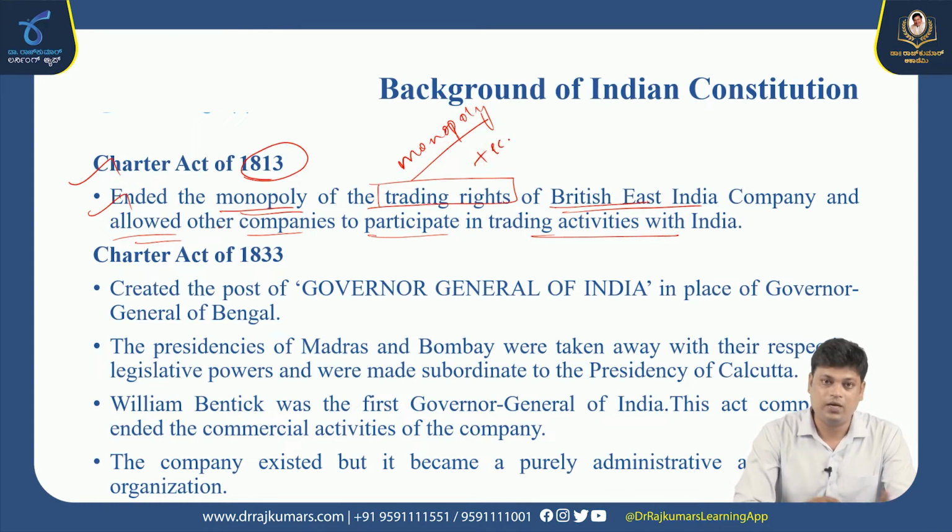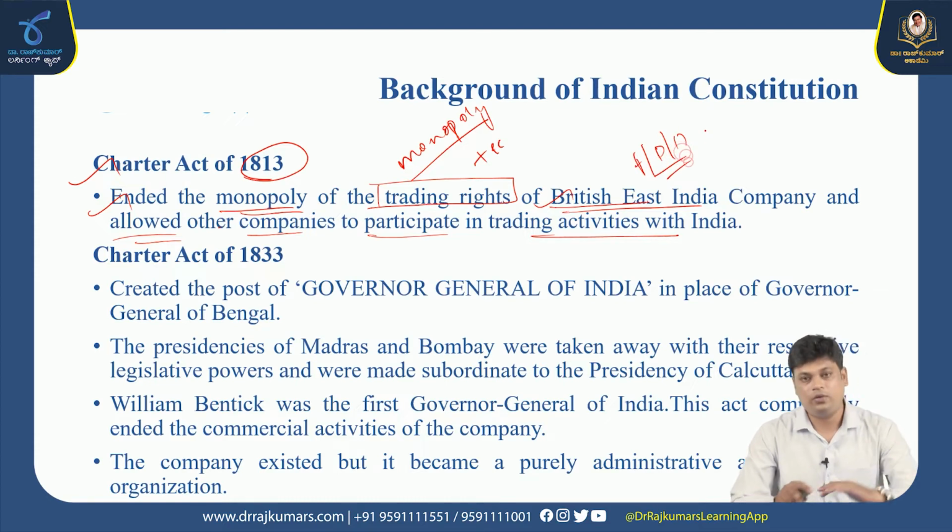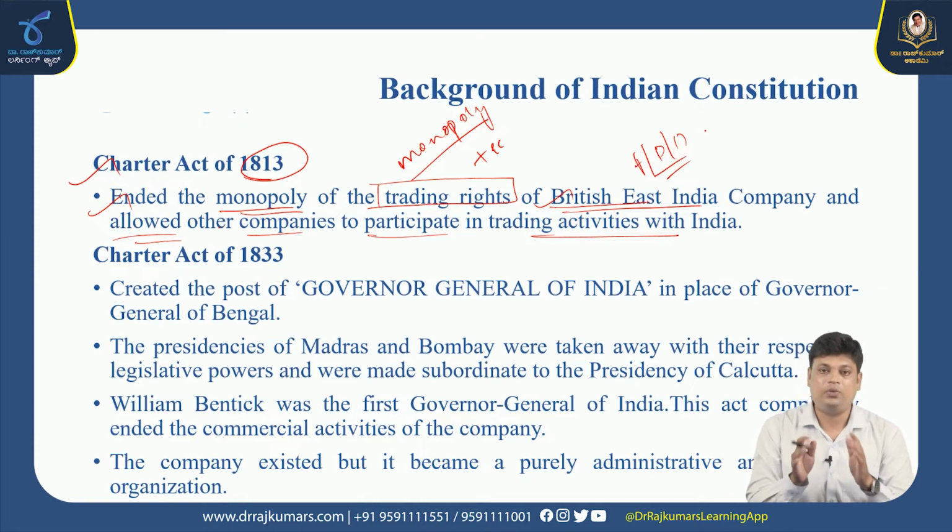Before 1813, only the East India Company had a single authority, that is, monopoly rights over trade and commerce. Now, as per this Charter Act of 1813, the company's monopoly ended and other companies were allowed to participate in trading activities with India. Other companies means French, Portuguese, Dutch; all other companies could also do their trade and commercial activity with India.